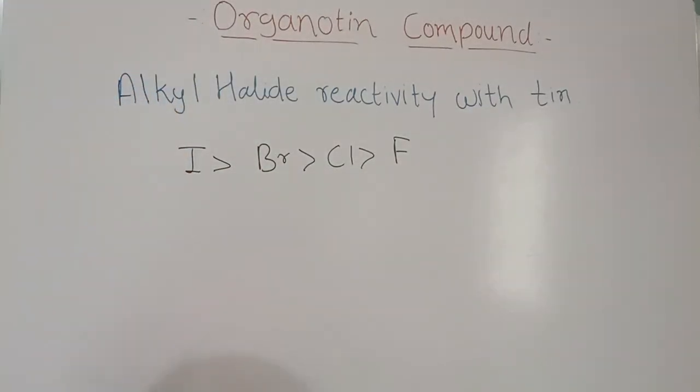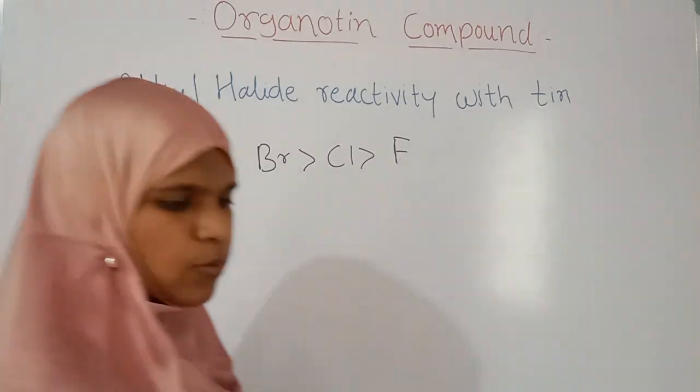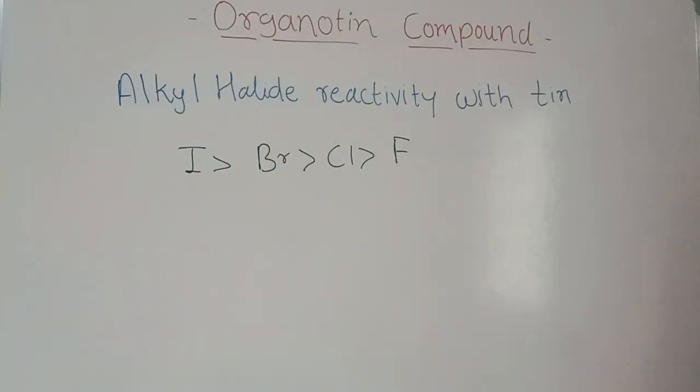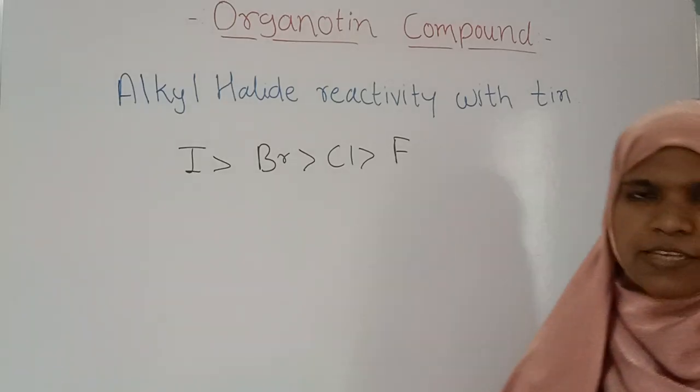Organotin hydride is selectively used to reduce a geminal dihalide into a monohalide compound. Let's see the example.